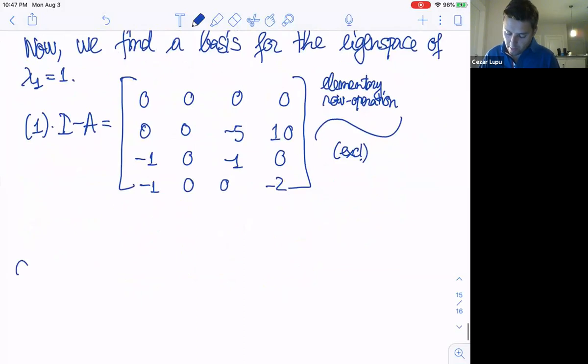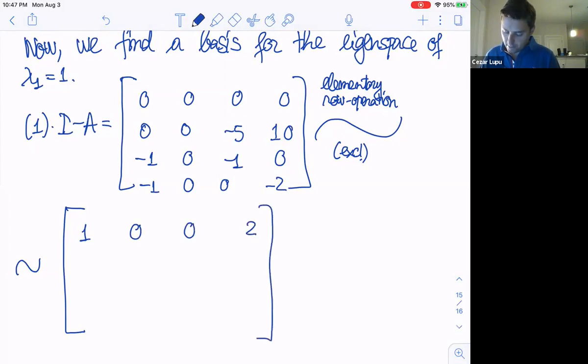Let me write it here. I have 1, 0, 0, 2, 0, 0, 1, negative 2, and then the rest will be zeros.